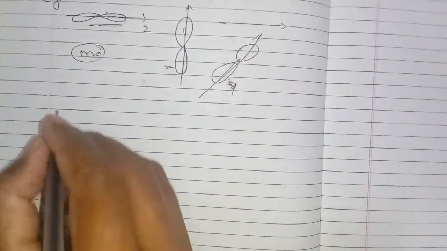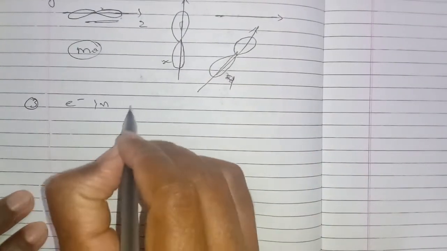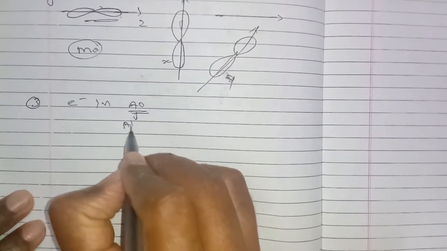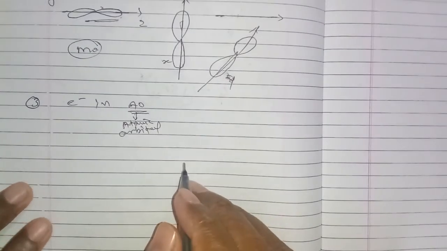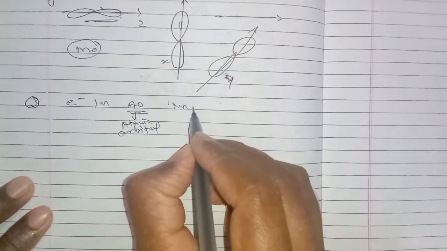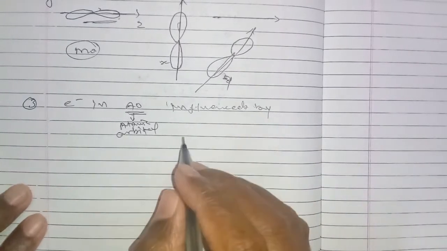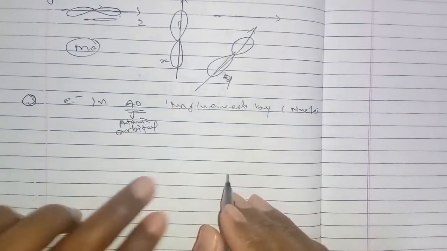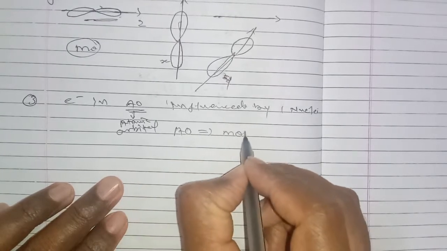In simple words, an electron in an atomic orbital is influenced by one nucleus, and thus the atomic orbital is monocentric.